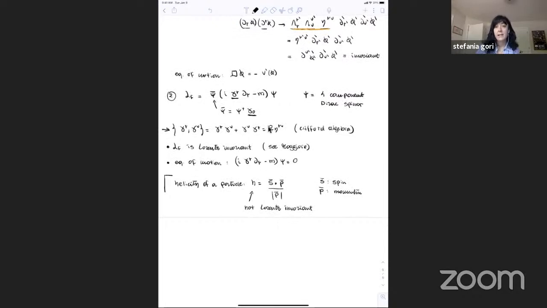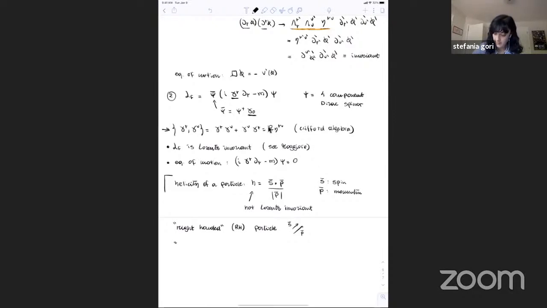We can use the helicity to define right-handed and left-handed particles. A right-handed particle is a particle that has a spin in the same direction as the momentum.